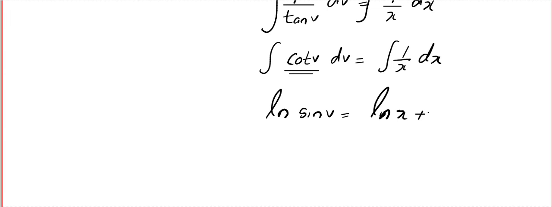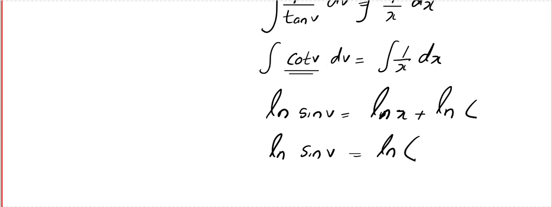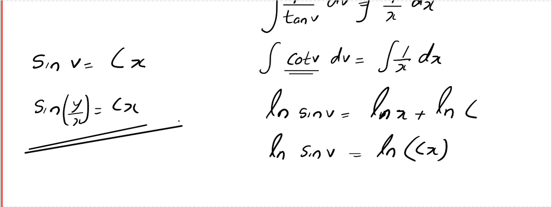But always understand, in calculus when you write logarithm, you are assuming that the base is e. What is log a plus log b? Now let's take exponential function on both sides. So sin v is equal to cx. That is the final answer. What is v? y by x. Okay, let's solve one more problem.